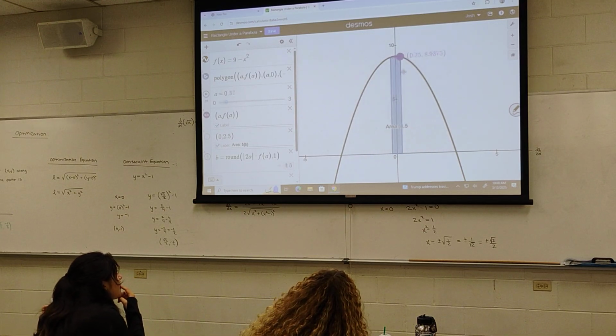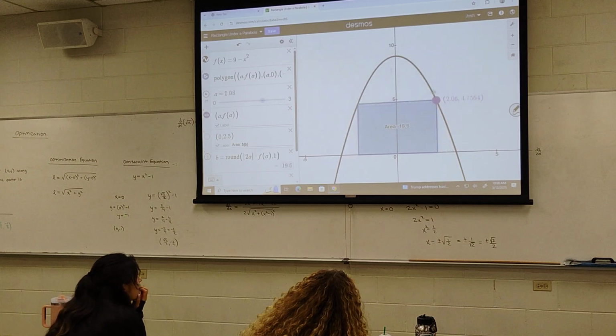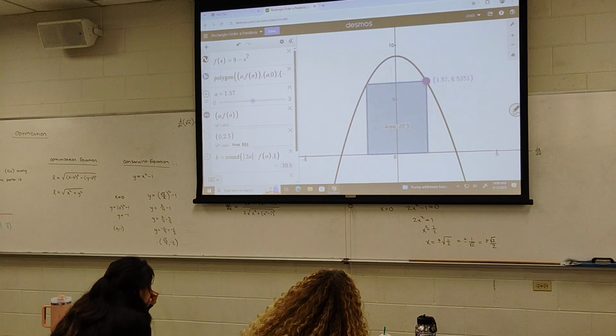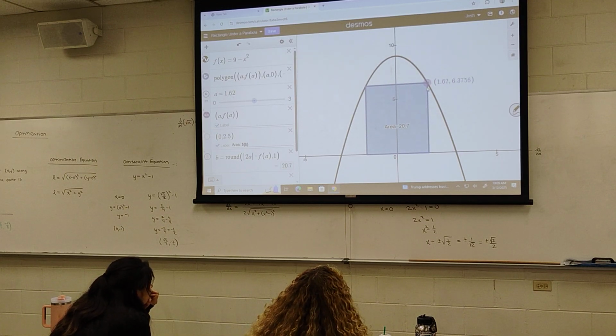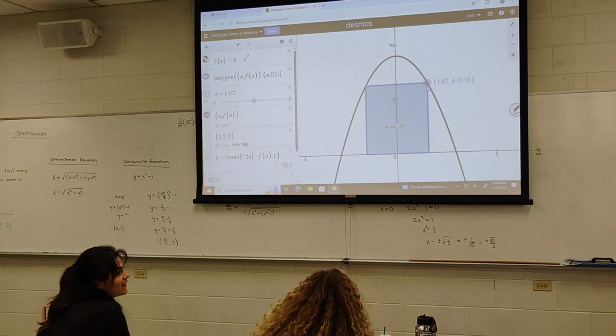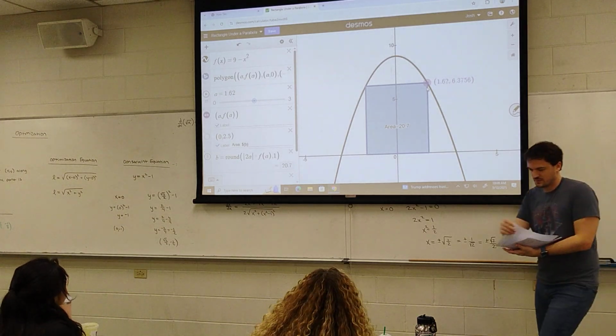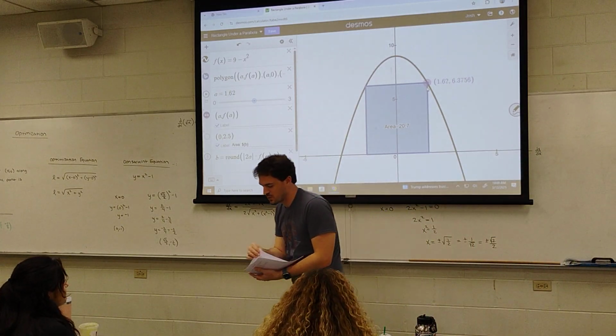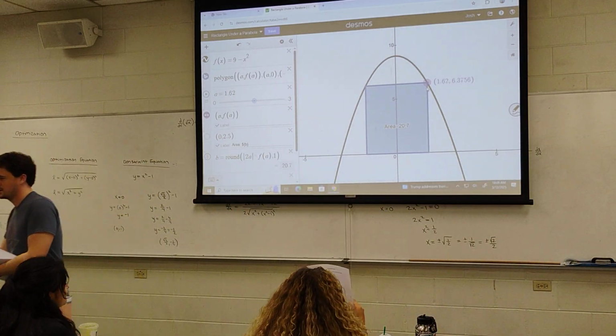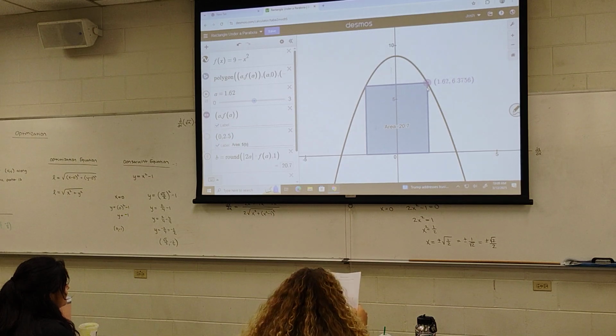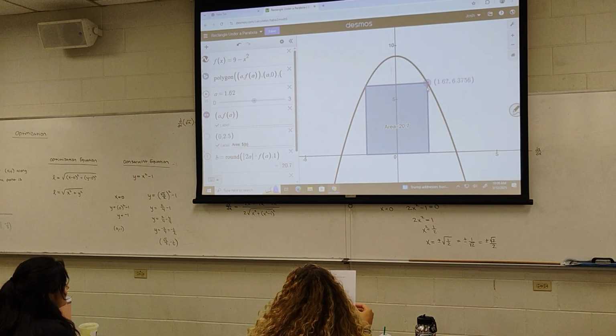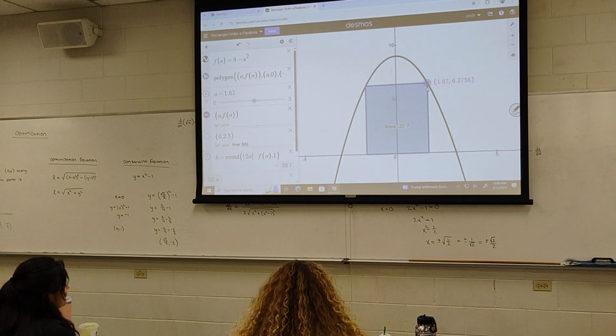So you can see of all the different rectangles that are possible, there exists some sort of rectangle that you can draw where you get a max area. We're going to do that same idea for Calc 3. All right. You're ready to look at the Calc 3 equivalent. But now that we did 2 really good examples of Calc 1, I promise this is going to seem pretty straightforward.